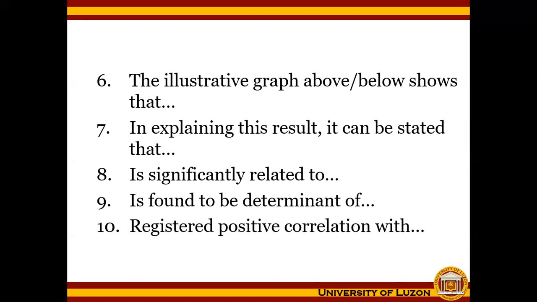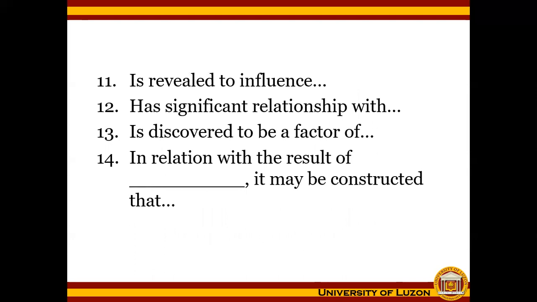In explaining this result, it can be stated that, or is significantly related to, or is found to be a determinant of, or registered positive correlation with. So you have to play with words. You just need to play with words. Is revealed to influence, has significant relationship with, is discovered to be a factor of, or in relation with, the result of, it may be construed that.